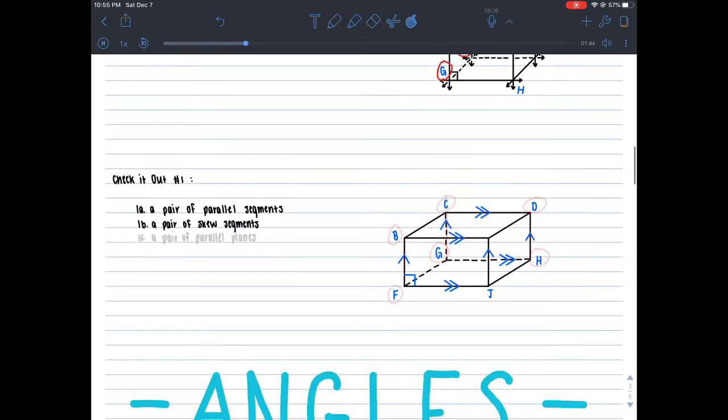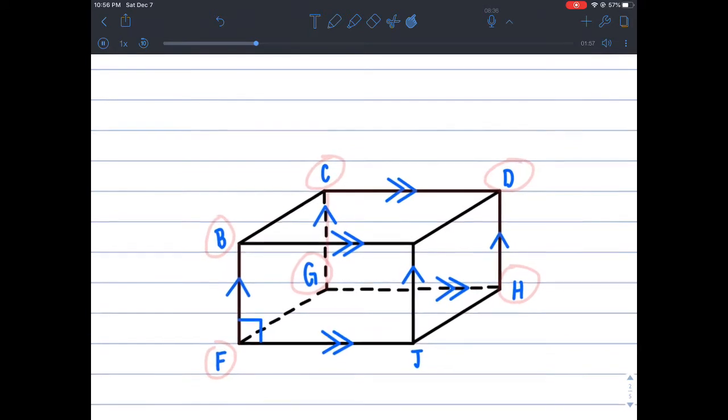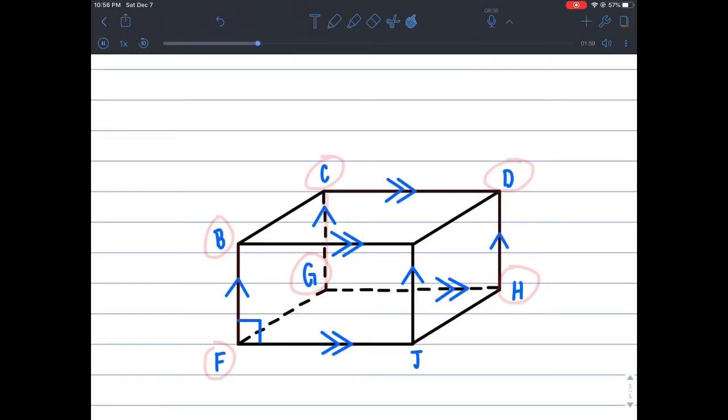Next, we will do 3 problems to help you understand what some of these lines are. Number 1, a pair of parallel segments. On our diagram, a pair of parallel segments will look something like this. Segment CG is going to be parallel to segment DH.